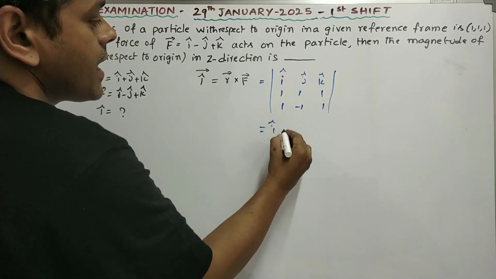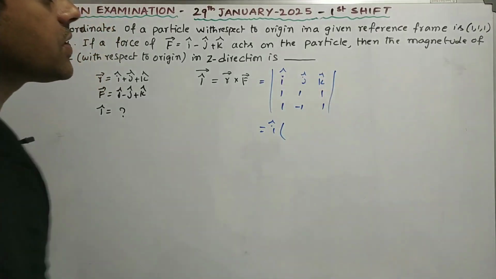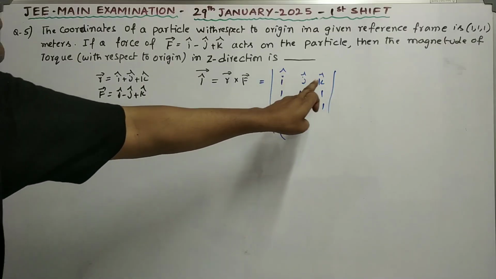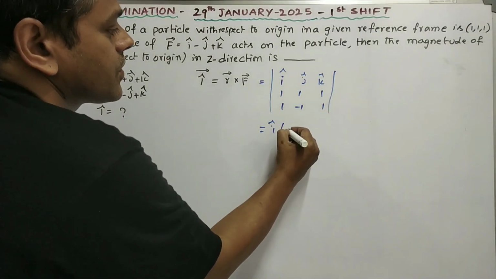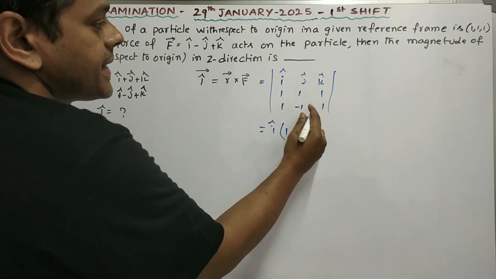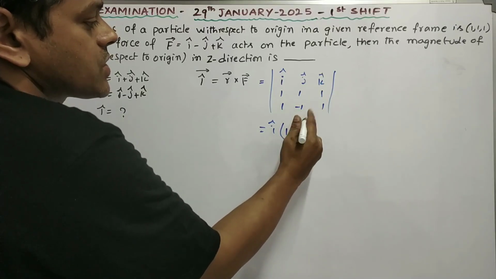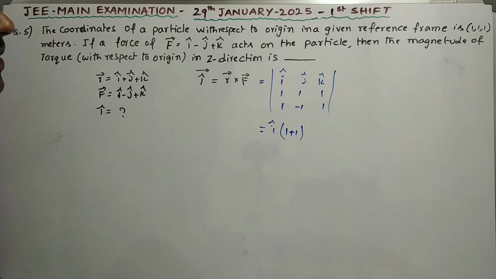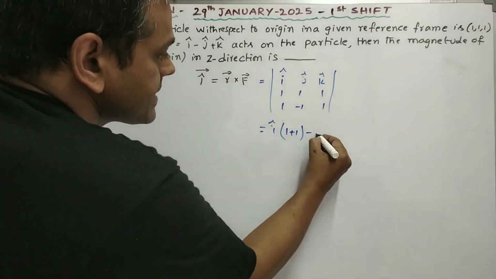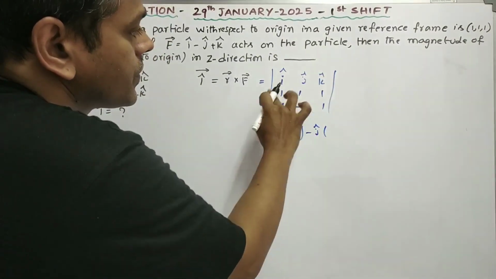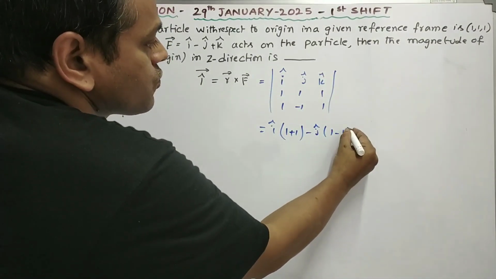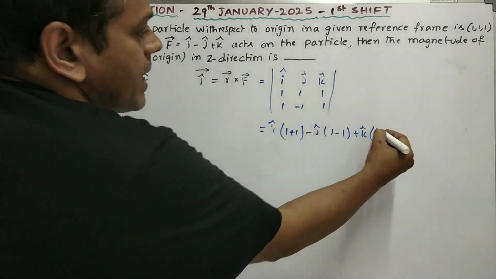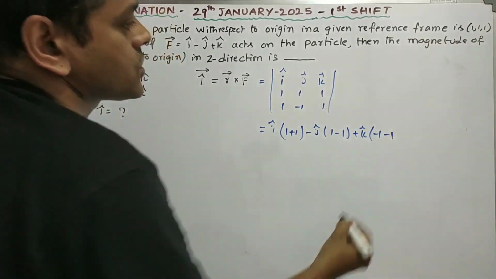That means i cap into, from this column and this row, 1 into 1, 1, minus 1, that means plus 1. So i cap into (1 plus 1), minus j cap into (1 minus 1), plus k cap into (minus 1 minus 1).